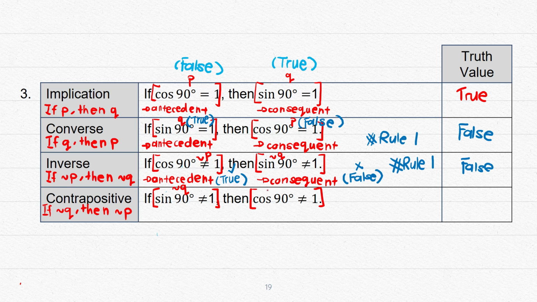For the contrapositive, tilde Q becomes the antecedent, while tilde P becomes the consequent.